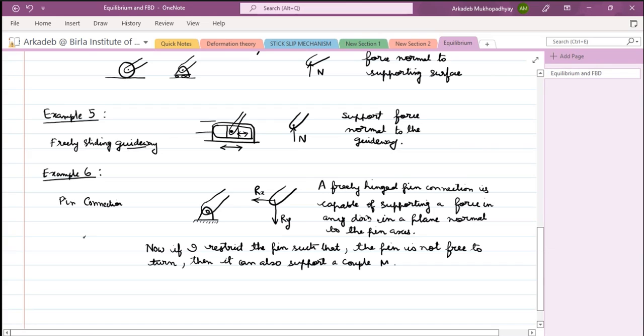Something like this: Rx, Ry and a couple, if I restrict the pin and do not allow it to turn.